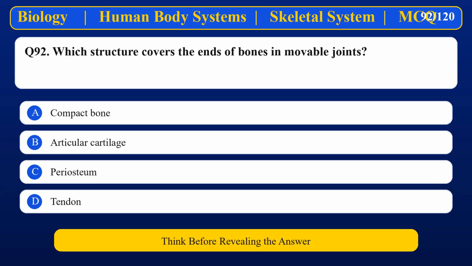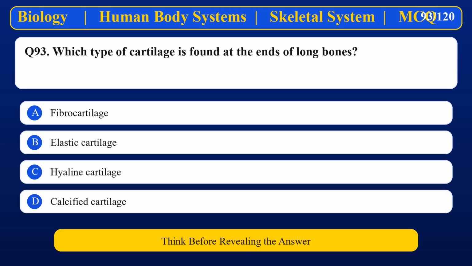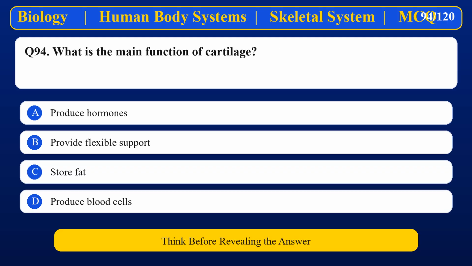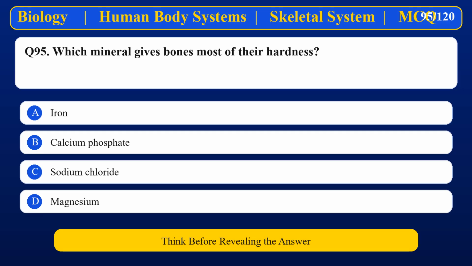Which structure covers the ends of bones in movable joints? Articular cartilage. Which type of cartilage is found at the ends of long bones? Hyaline cartilage. What is the main function of cartilage? Provide flexible support. Which mineral gives bones most of their hardness?